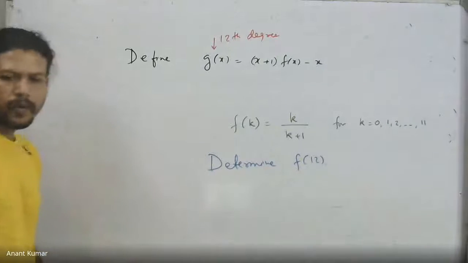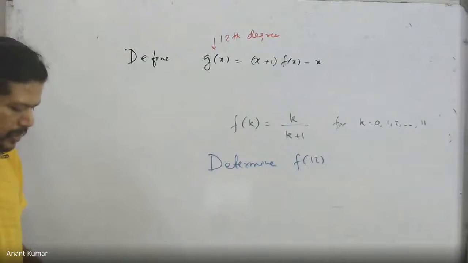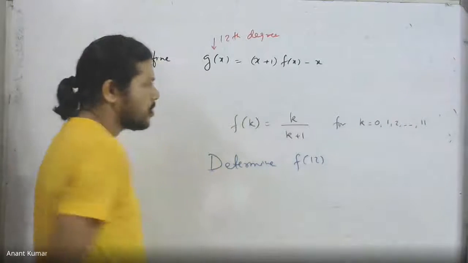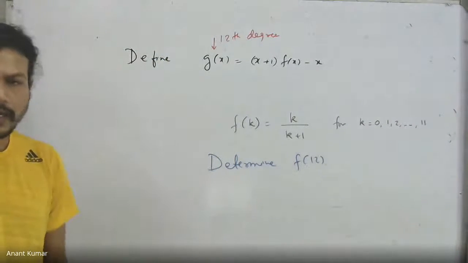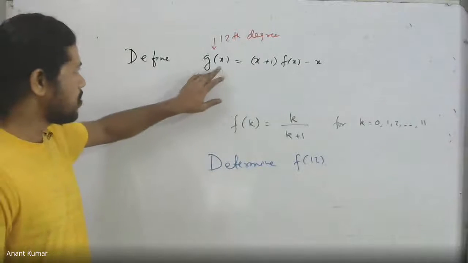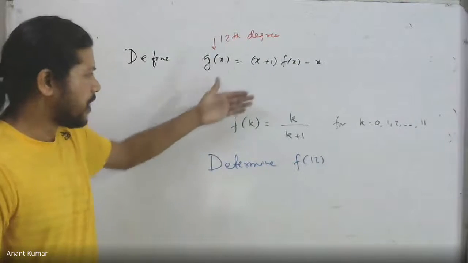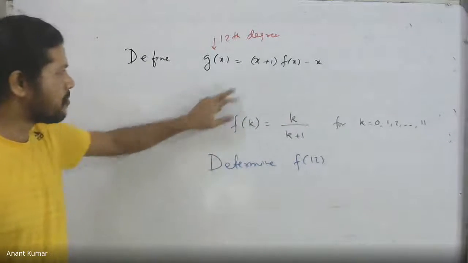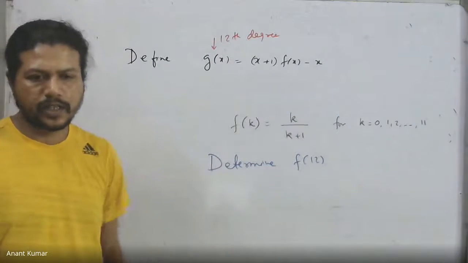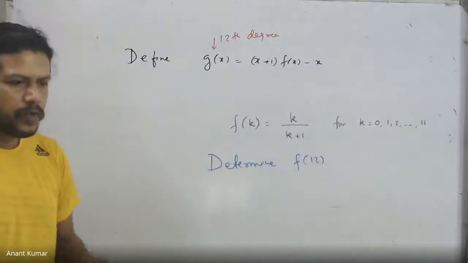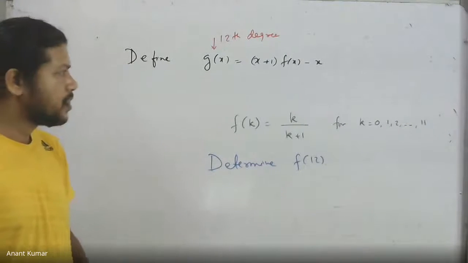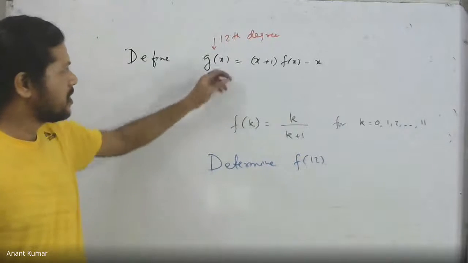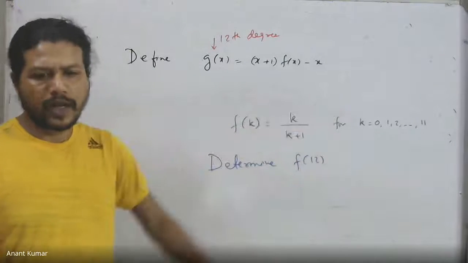In addition to that, you notice that these numbers 0, 1, 2, 3 till 11 are roots of this one, because for each of these k, this one is satisfied, which implies this becomes 0. But only for these k, not other numbers, but at least for those 12 numbers given, 0, 1 till 11, this one will turn out to be 0.